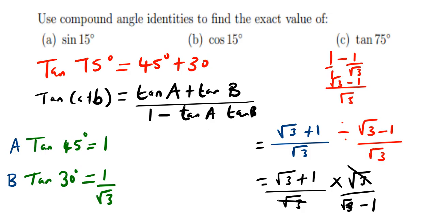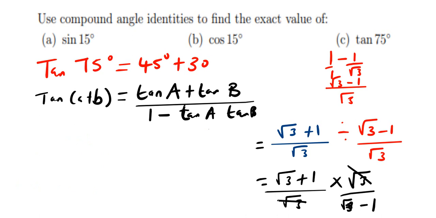Allow me to write it on the other side. What I have is root 3 plus 1 divided by root 3 minus 1.